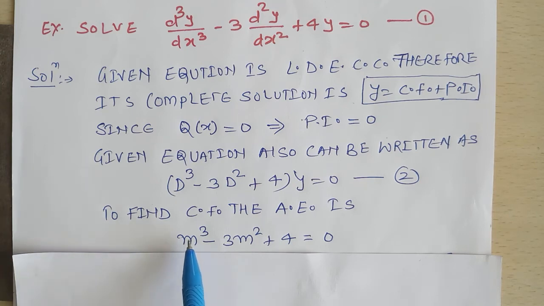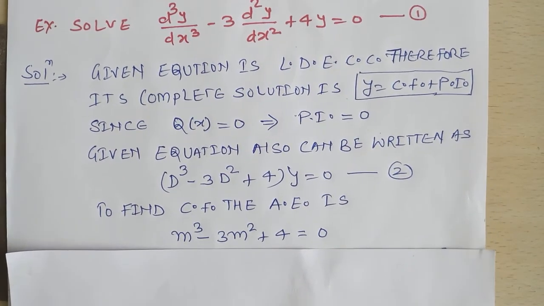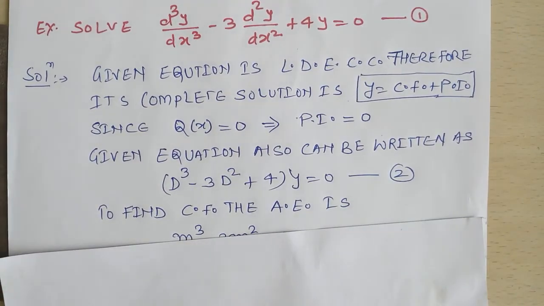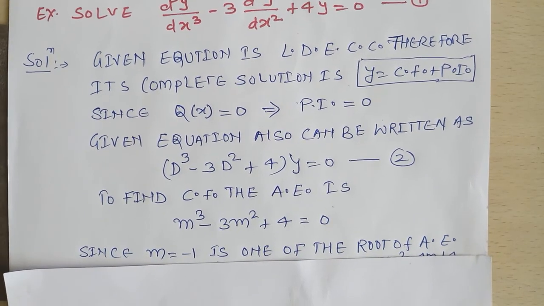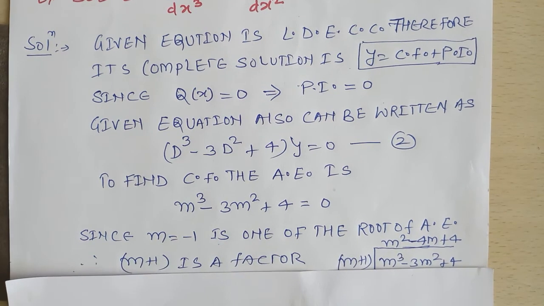If we put m equal to minus 1, then minus 1 minus 3 minus 4 plus 4 is 0. So the equation is satisfied at m equal to minus 1. So m equal to minus 1 is one of the roots of this auxiliary equation, and therefore m plus 1 is one of the factors.